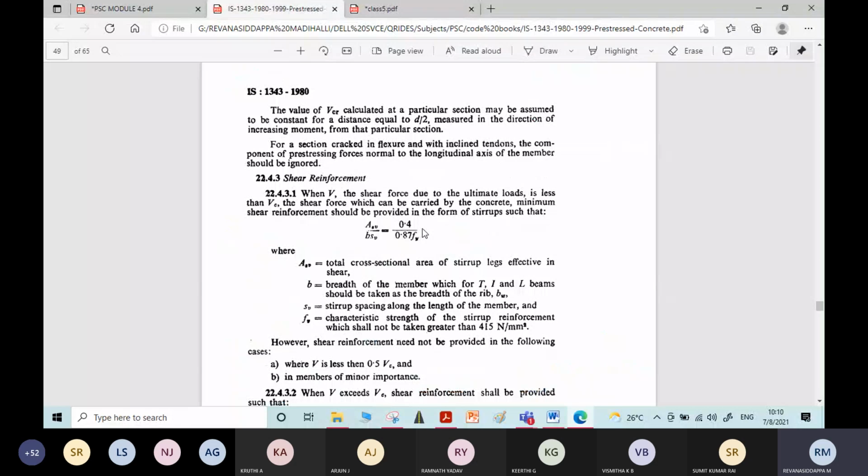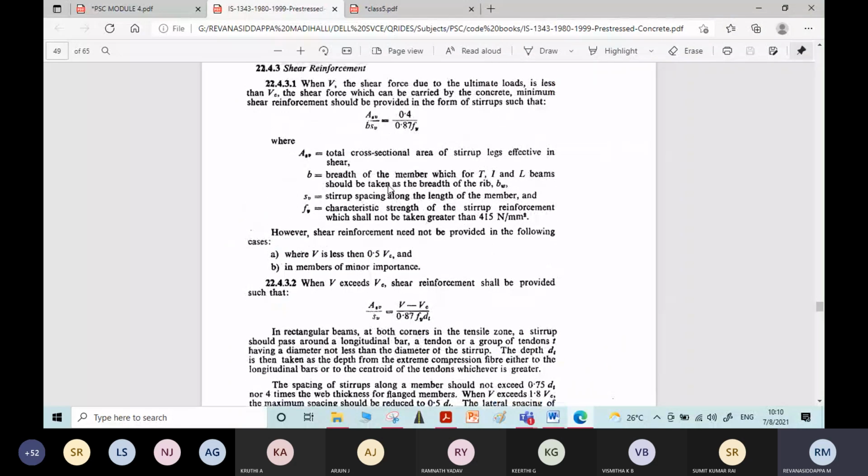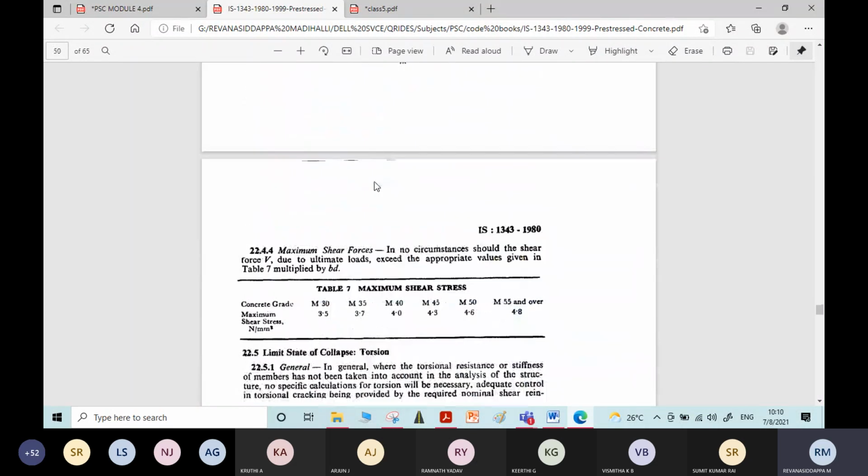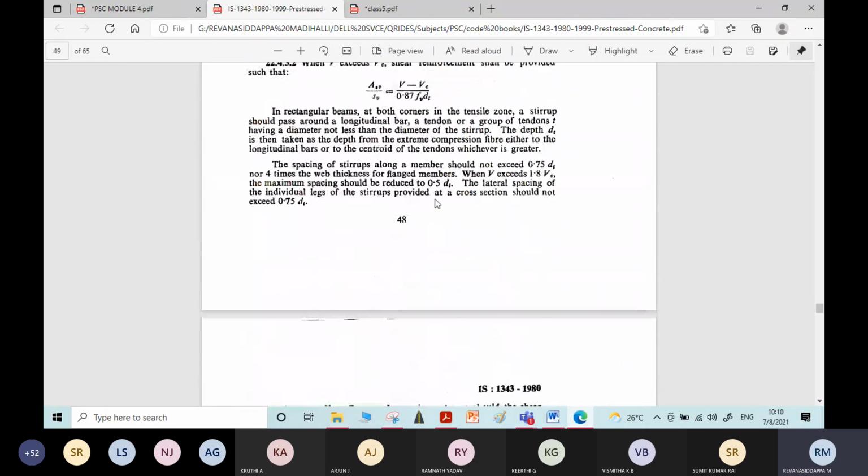Using this formula, for minimum shear reinforcement, you will get one SV. Then 0.75 dt. If you calculate, you will get one particular spacing, and 4 times web thickness for flanged members.